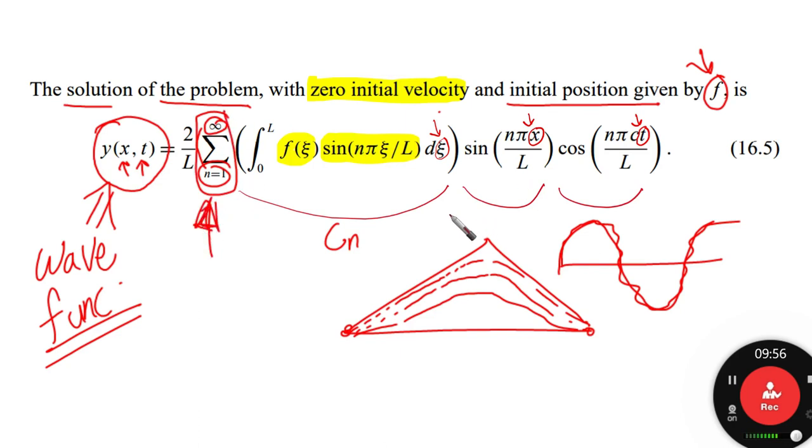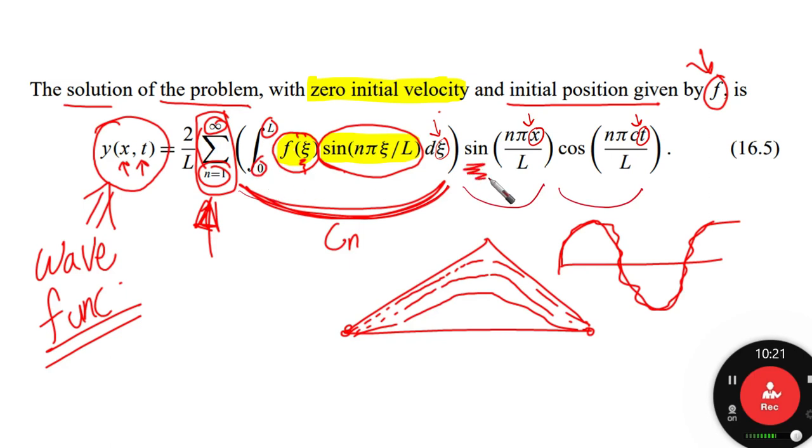And we make it easy by saying that we have Cn, a coefficient that is a function of f(z) times sine(n pi z over L), where z is our independent variable limited from 0 to L, and we are talking about an integration here, times sine(n pi x over L) cosine(n pi c t over L).